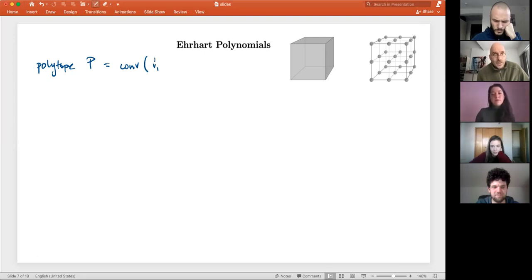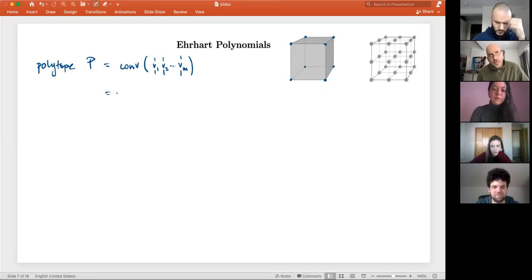I think of these as column vectors, and I will often write this as a matrix. So let's say I have m points in d-dimensional space. For example, if your favorite polytope is the cube, then that's the convex hull of these 8 points.